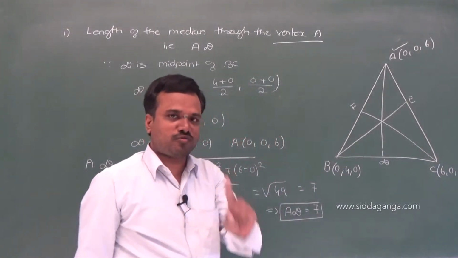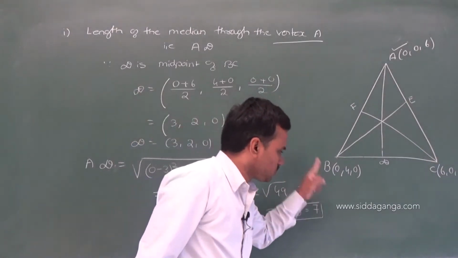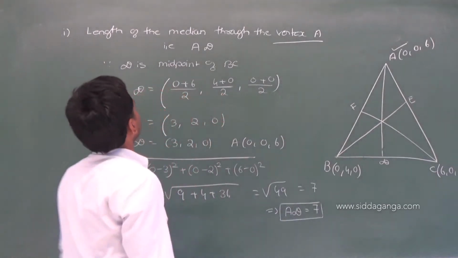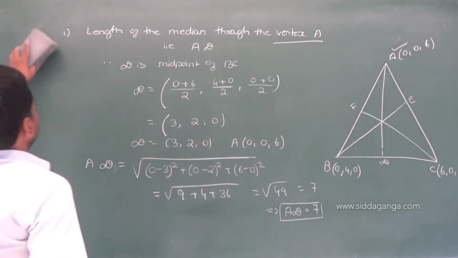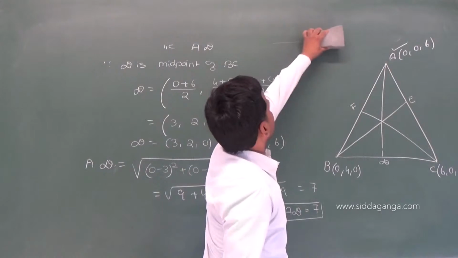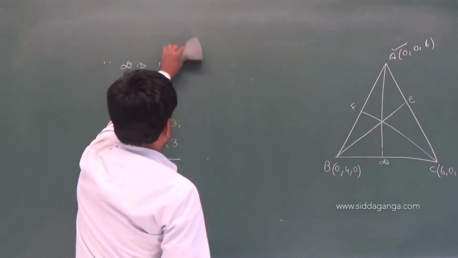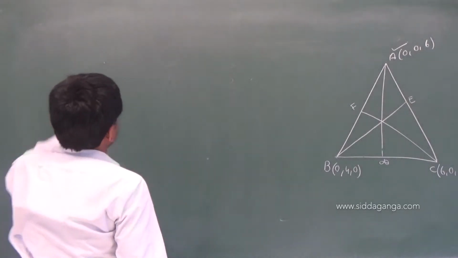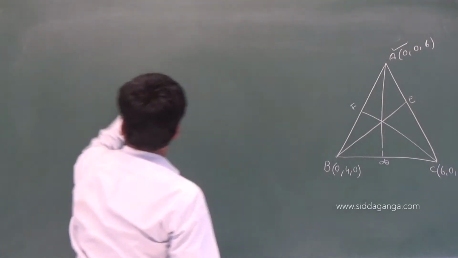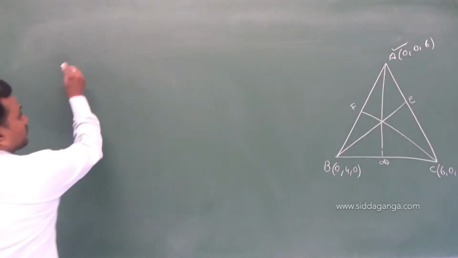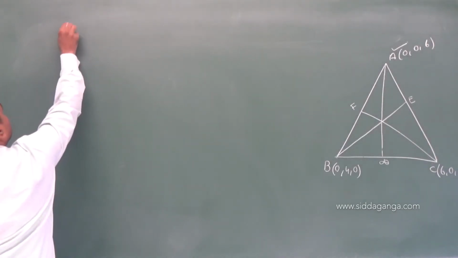Similarly, we have to find the length of the median through the vertex B. Okay, second one.